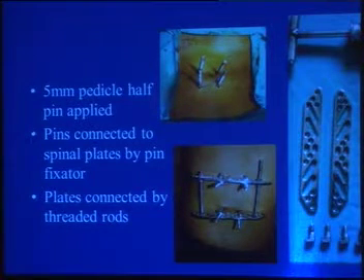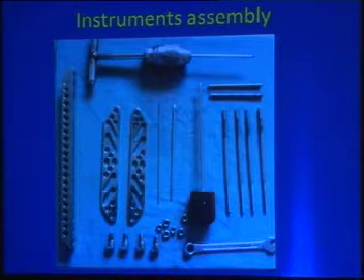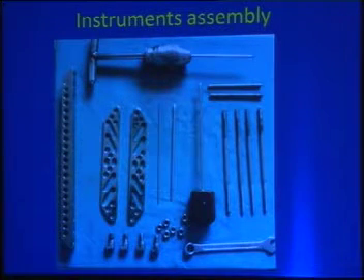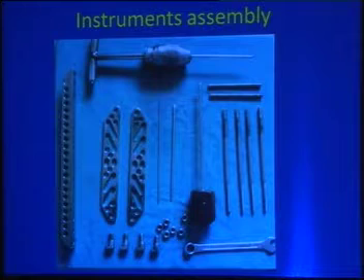Any person who is doing Ilizarov and who is doing normal pedicle screw fixation in fractures can do this immediately. So this is all the instrument assembly which is needed. You need spinal plates, pin fixators, Schanz pins, a pedicle translucent awl, a T-handle, and some bolts and nuts. This is the whole assembly you need. Nothing else.